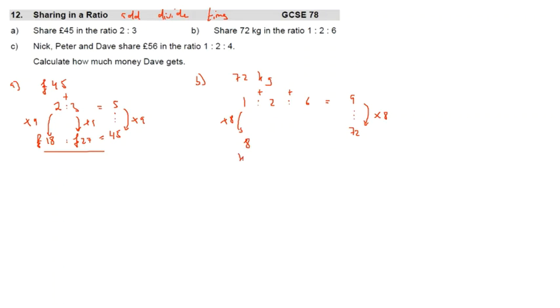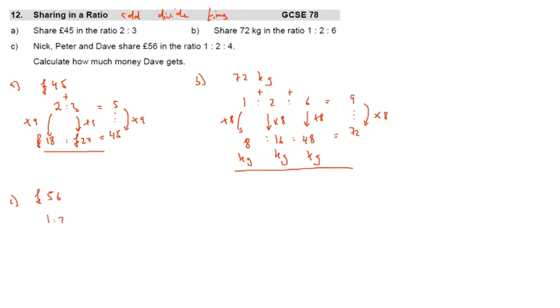So 8 kilograms. Yep. 2 times 8 is 16 kilograms. And 6 times 8 is 48 kilograms. Again, if you check, 8 add 16 add 48 equals 72. So that's correct.